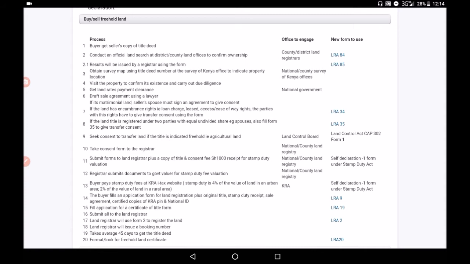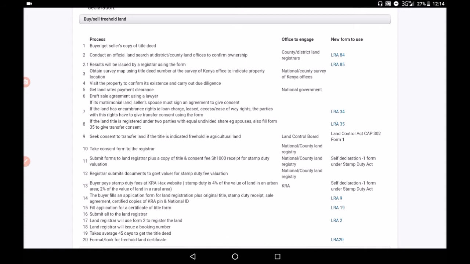Then after that, you visit the property to confirm its existence, and you carry out due diligence. You also get a land rates payment clearance. That's number 5. Number 6, if you find that the land physically exists, you have carried out due diligence and confirmed that the seller is actually the owner, you draft a sale agreement using a lawyer.